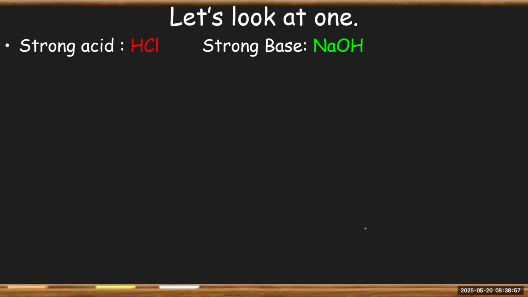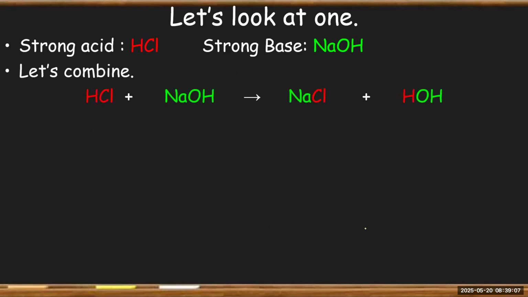So sodium hydroxide and hydrochloric are two strong bases and acids. Let's combine the two. You put them together like that, so you've got HCl and NaOH coming together. And then what happens? Well, what do we know?